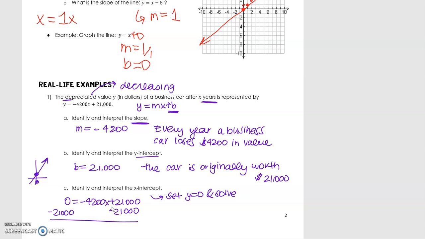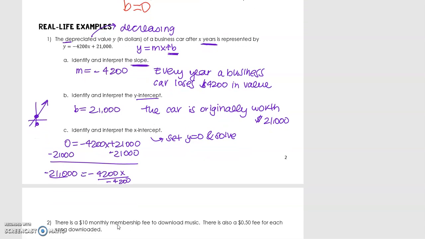So I'm now left with negative 21,000 equals negative 4,200x. Then to get x by itself, we'll divide both sides by negative 4,200. When I put negative 21,000 divided by negative 4,200 into a calculator, I get a positive 5 equals x. Okay, that's our x-intercept.